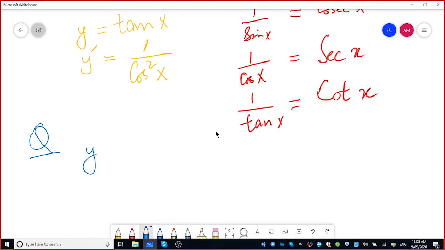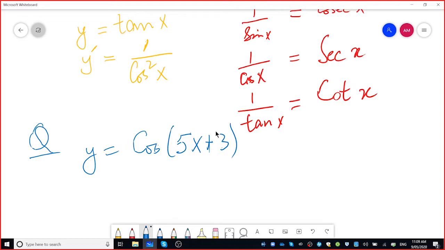In the question, y is equal to cos of 5x plus 3. Can you differentiate it?